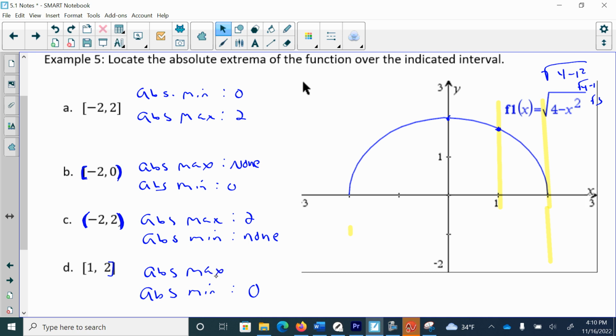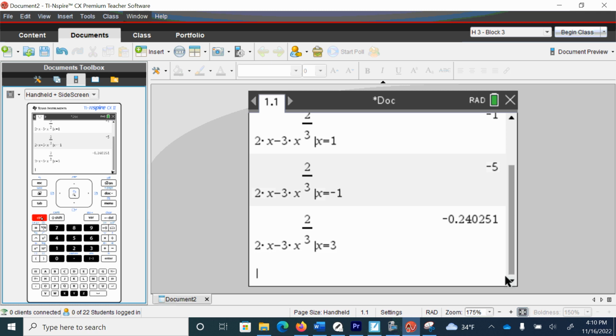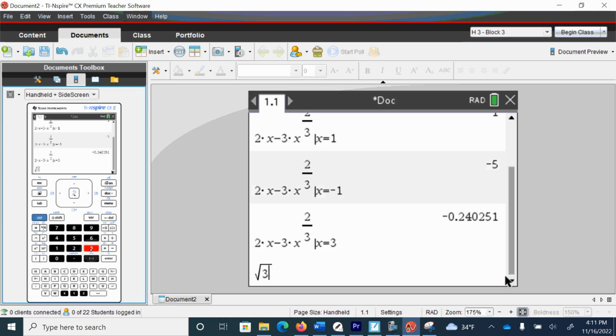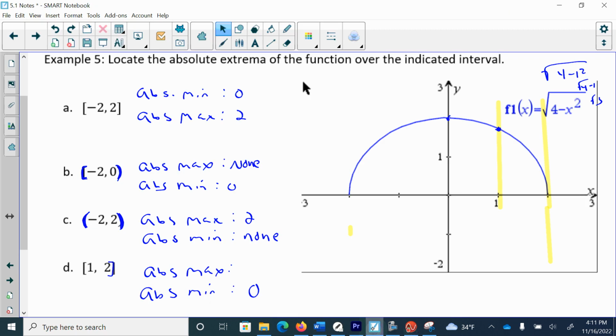And I guess if you have a burning desire to have a decimal, you could, yes, square root of 3, and that's going to be like 1.7-ish, which makes sense. So I like the square root of 3 for 1.7. And I knew it had to be less than 2, right? Because this was 2. All right.